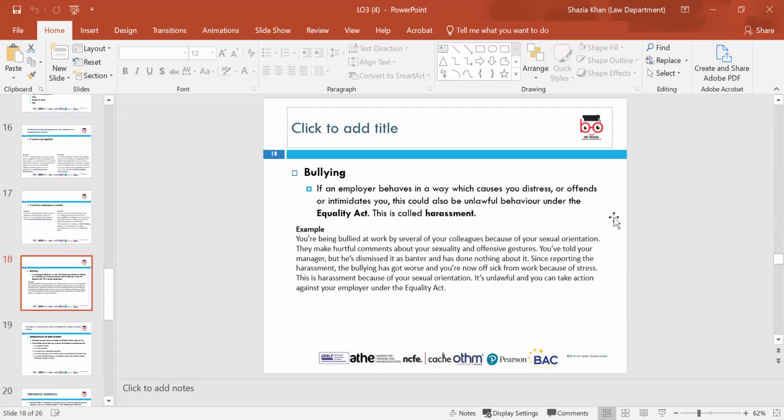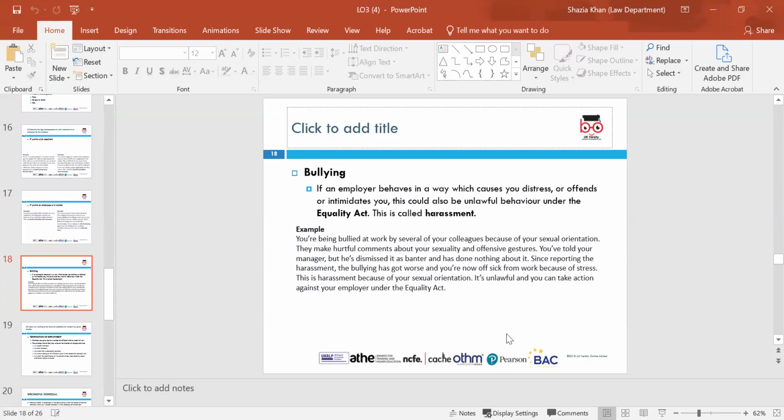Bullying. If an employer behaves in a way which causes you distress, or offends or intimidates you, this could be unlawful behavior under the Equality Act. This is called harassment. An example of this is you're being bullied at work by several of your colleagues because of your sexual orientation. They make hurtful comments about your sexuality and offensive gestures.